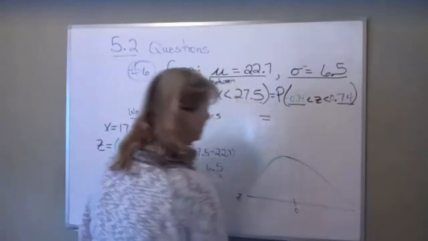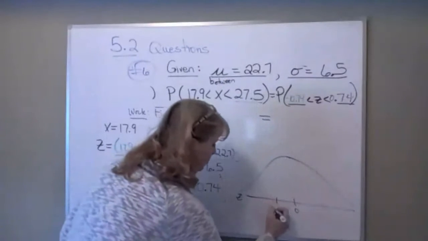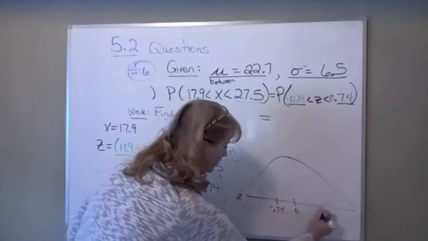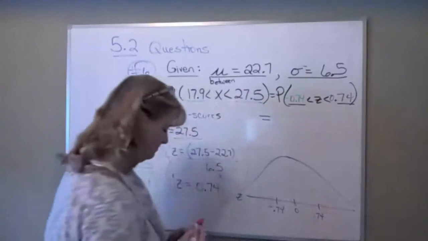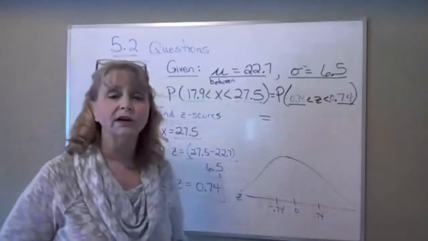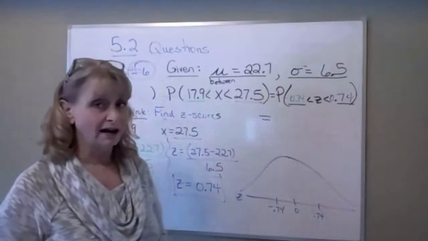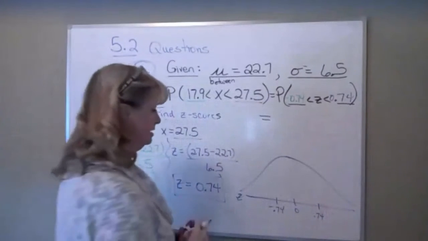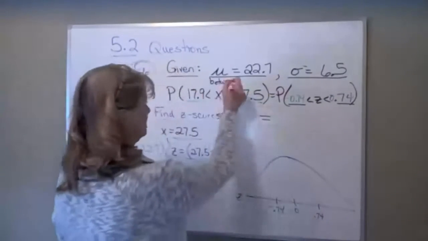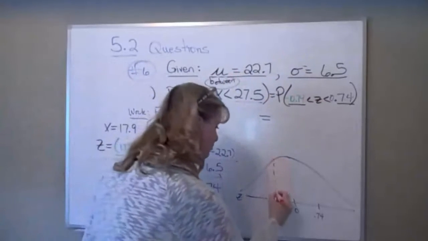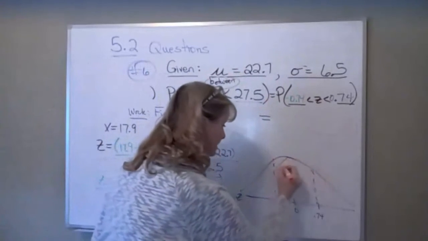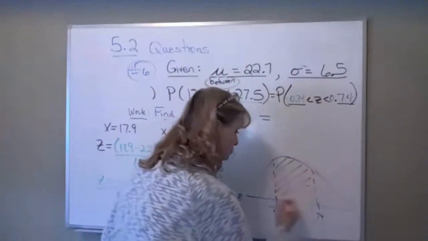Here's 0, and I'm going to have negative 0.74 over here somewhere, and positive 0.74 over here somewhere. And what we want to do is shade the area we're looking for. So this is between. Remember, that was the word they used, between. So what I'm looking for is this area in between those two z-scores.